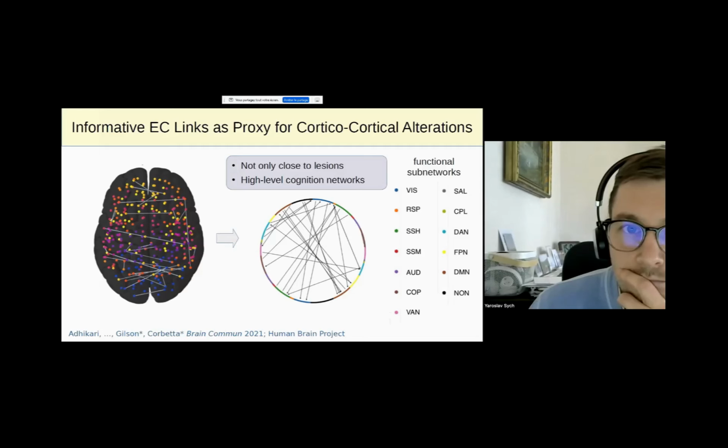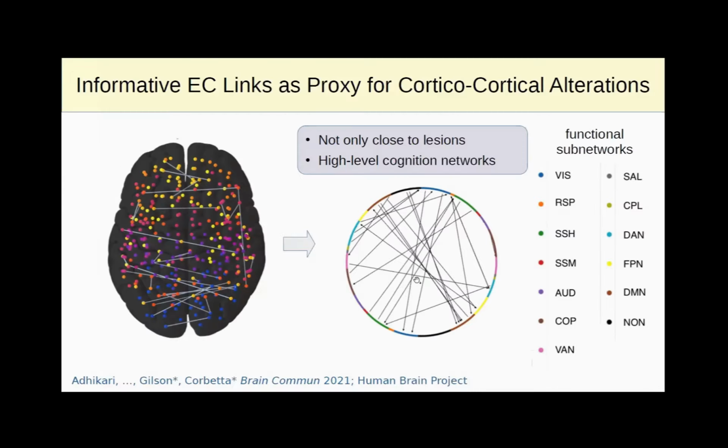So whether these informative links were close to the lesions due to the stroke, the answer was no. And the informative links that you see here, as you can see in this diagram, they often connect mirror regions, like homotopic regions, not the exact same one, but regions from the two hemispheres that are in the same functional subnetwork, so to say, like this resting state subnetwork.